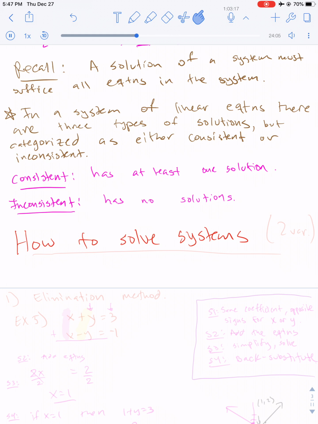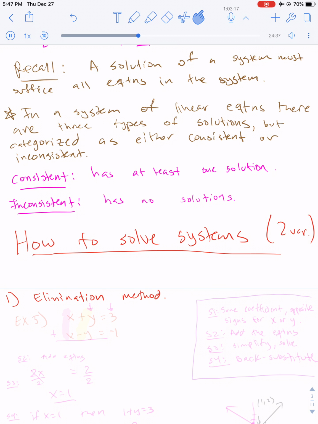And in this case, I'm going to do two variables, and that's my abbreviation for variables. So for two variables, we have a few methods. The one method that we like is the elimination method, and that method consists of adding or subtracting.